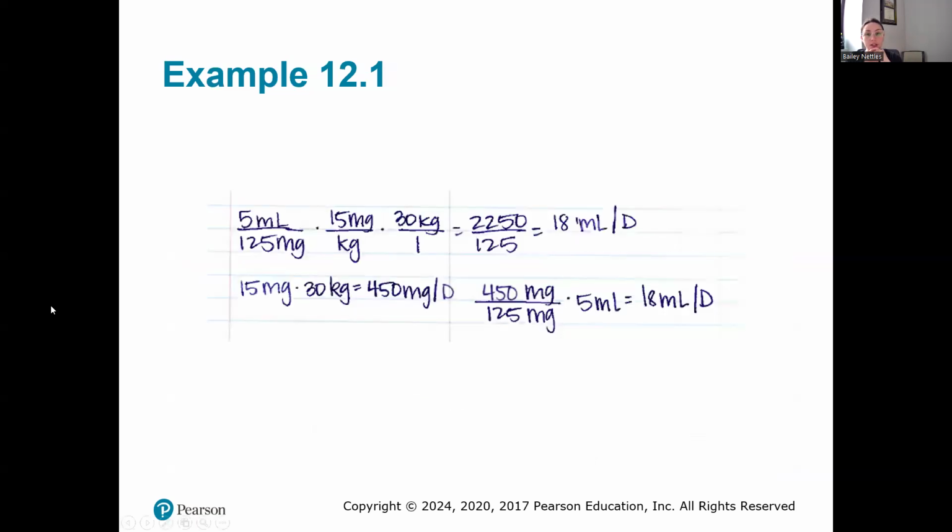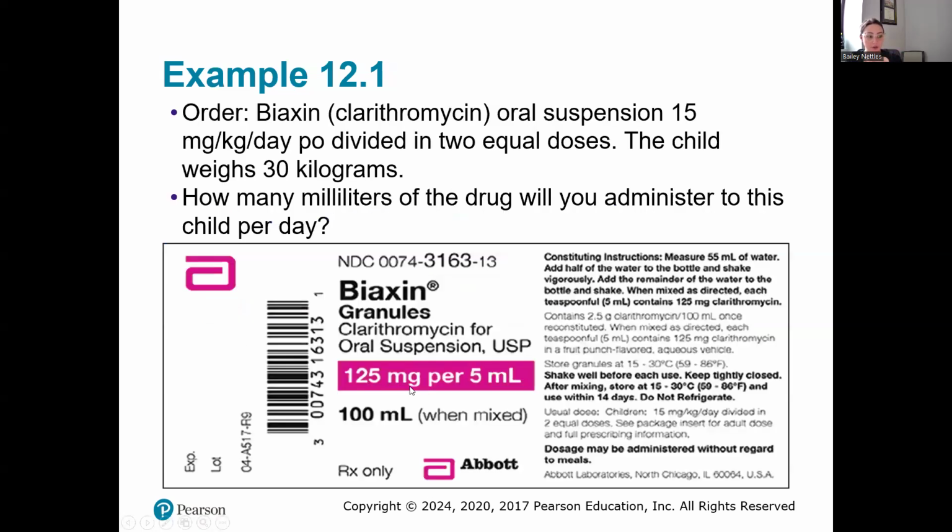All right, so the dimensional analysis way, which is the way that I know the best, okay, is on top. So the question was asking for milliliters, so I always put what the question is asking for on top. So 5 milliliters. It's attached to this 125 milligrams because that is what is right here, 125 milligrams per 5 mils.